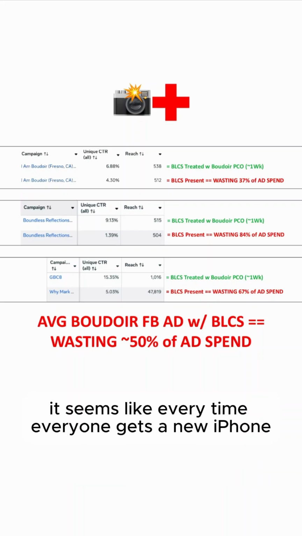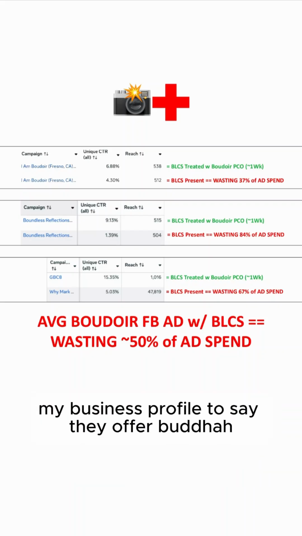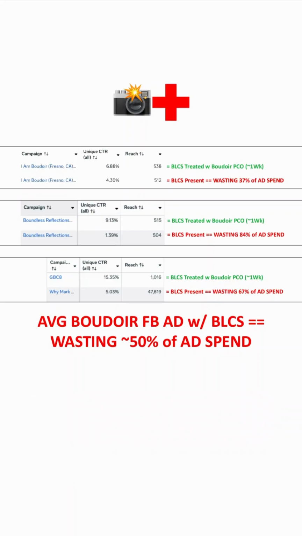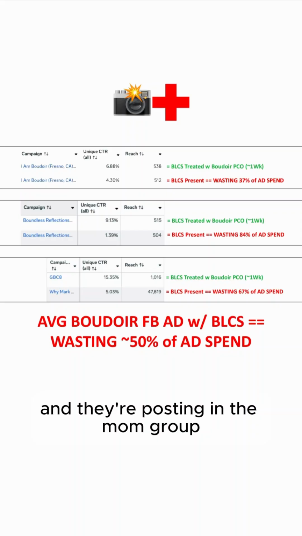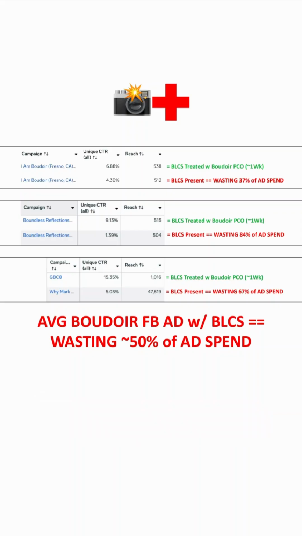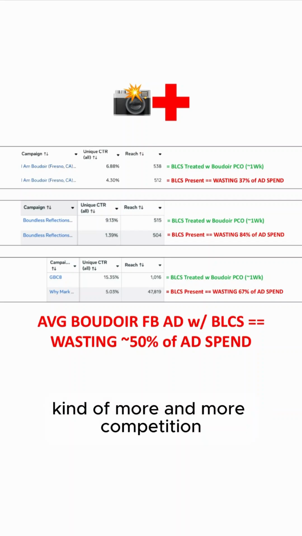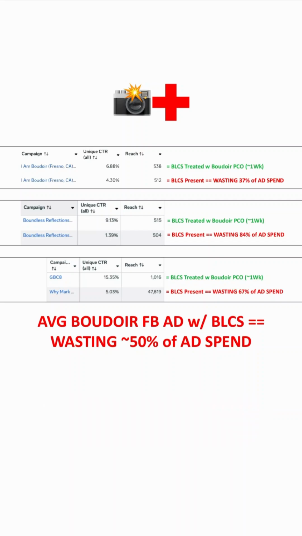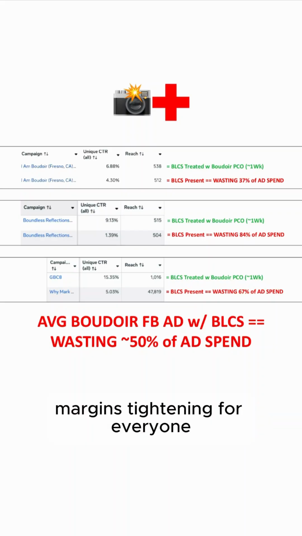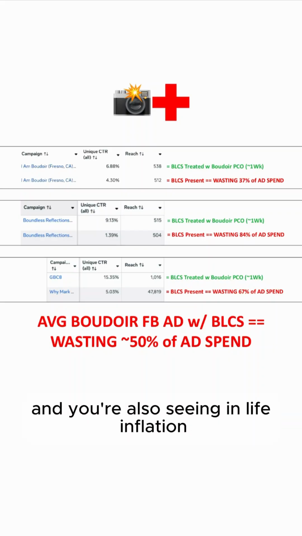It seems like anytime everyone gets a new iPhone, they turn on Google My Business profile to say they offer Boudoir, or they get a new camera and they're posting in the mom group saying they offer Boudoir. So more and more service providers, same number of buyers, more and more competition, market's getting saturated, margins tightening for everyone. And you're also seeing life inflation, life costing more and more.